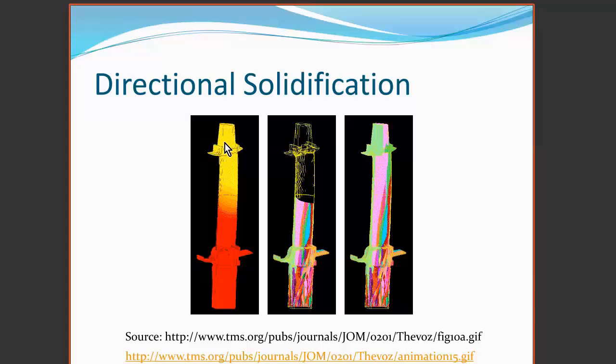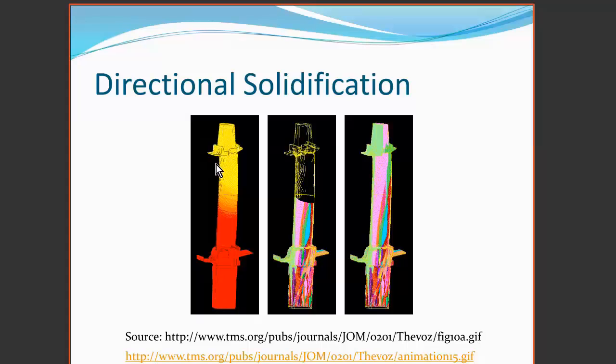The reason for doing this is to produce crystals with a certain orientation in the material. Here we see a simulation of the casting of a polycrystalline columnar grain gas turbine blade.